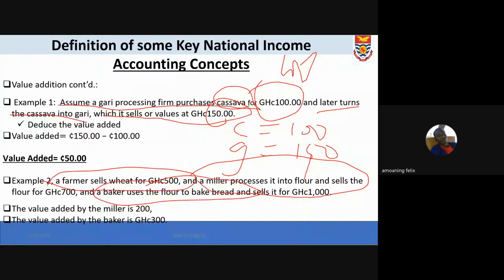Yes, Thomas, please. So please, I have a question. So with the intermediary goods, is it the same as capital resources? Every capital, listen to me, Thomas. Every capital can be an intermediary good.